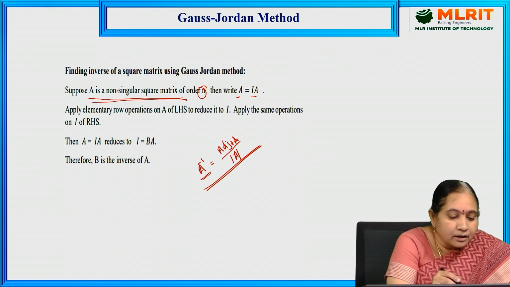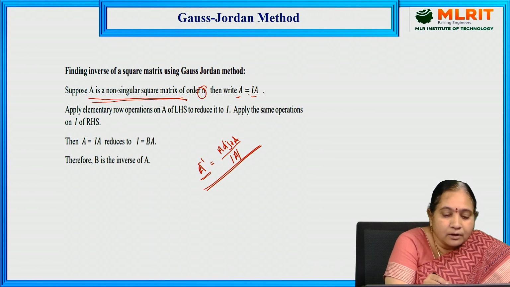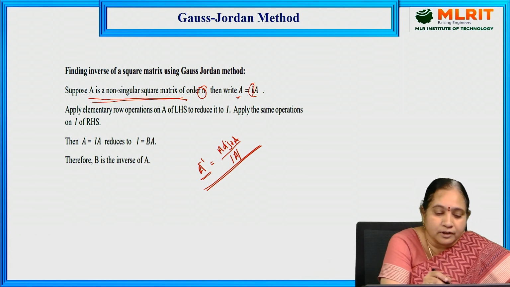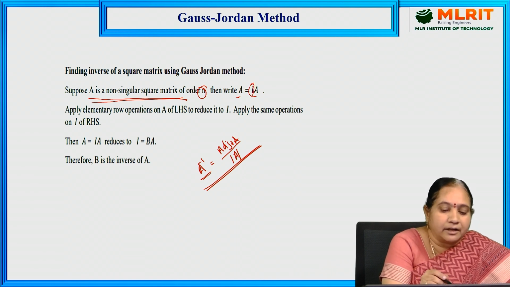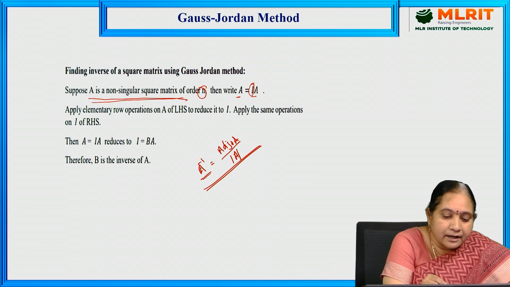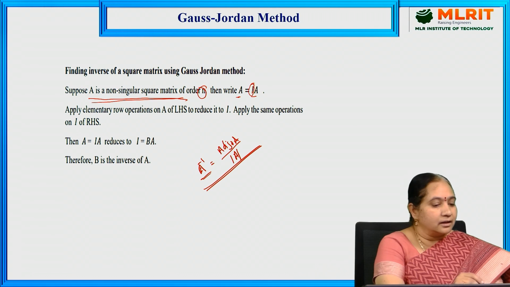Now apply row transformations on the matrix A and also on the right side matrix, that is the identity matrix. The same row transformations we apply on the LHS matrix A and on the RHS identity matrix, and we keep the matrix A on the RHS as the same matrix.